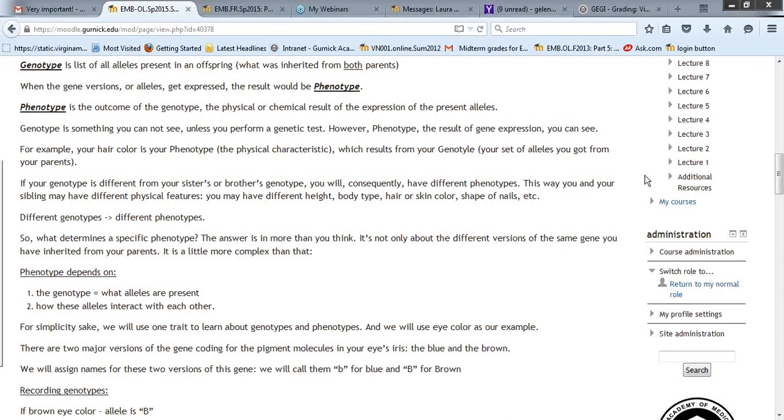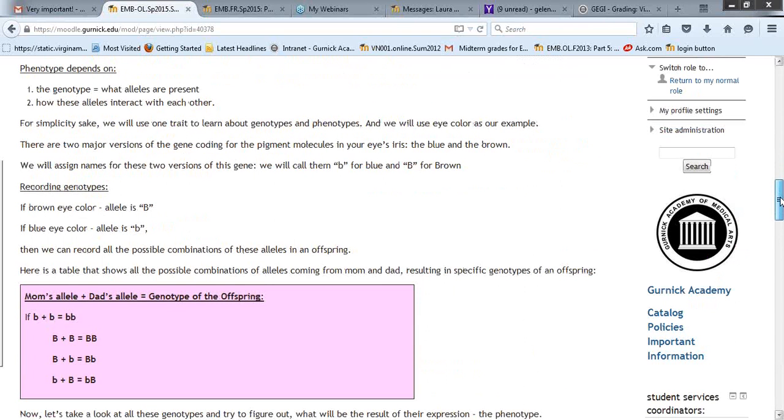Because phenotype actually depends on two things. It depends on the genotype, which means the list of the alleles that you got present in every cell of your body. And the second is how those alleles interact with each other. Okay? So what alleles you've got and how they interact with each other.